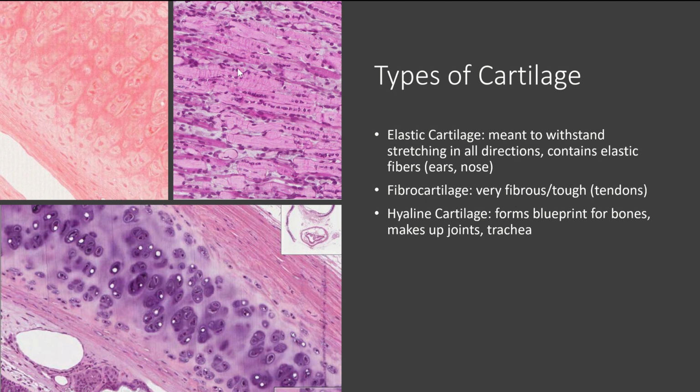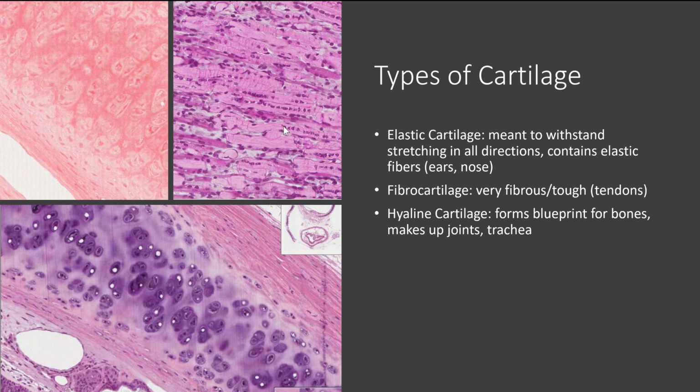The example is tendons, because tendons and ligaments are only pulled in one direction. Tendons are very tough, so they are made of fibrocartilage. A way you can tell it's fibrocartilage is that all of these fibers are running in the same direction, just like they would in a tendon.